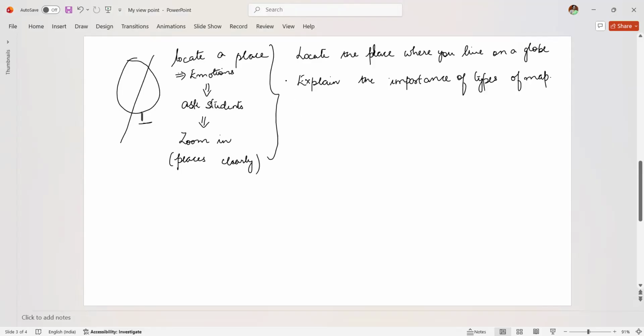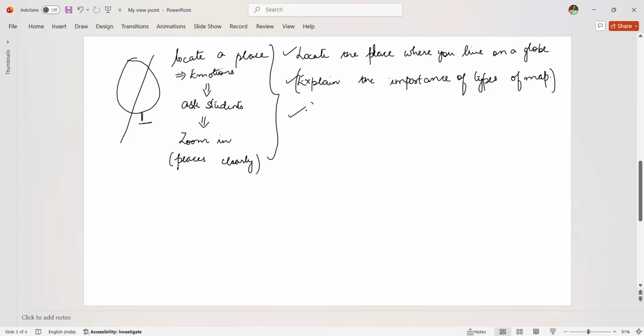Now, will this stop? This is my objective. Now, remember, this is an objective only for an activity. The class objective becomes this. The next objective that I will be taking, remember the topic is same, types of maps, but I have two objectives here. It's not that I only want them to understand the importance of the types of maps.